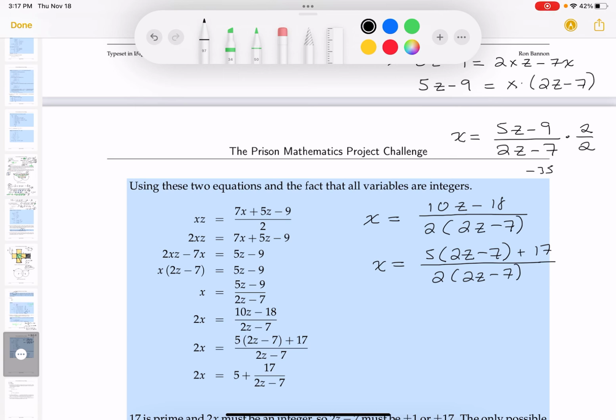Let me see if that helps. Well, you know what? The 5 is not divisible by the 2. So that's a trouble. So I can multiply both sides by 2. You get 2x equals 5 times 2z minus 7 over 2z minus 7 plus 17 over 2z minus 7.